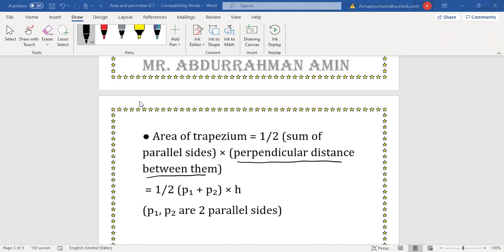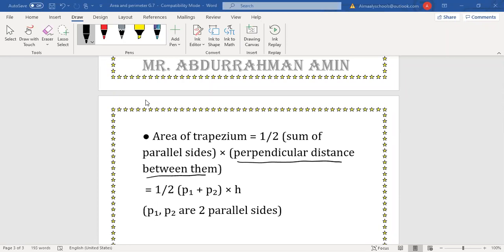So what about shape number 4? I think it's hard. So who can solve it? Yes. For the first, we have a triangle and we have another shape, a parallelogram. For the triangle, it will be half multiply base multiply height, which is half multiply 15 multiply 7.